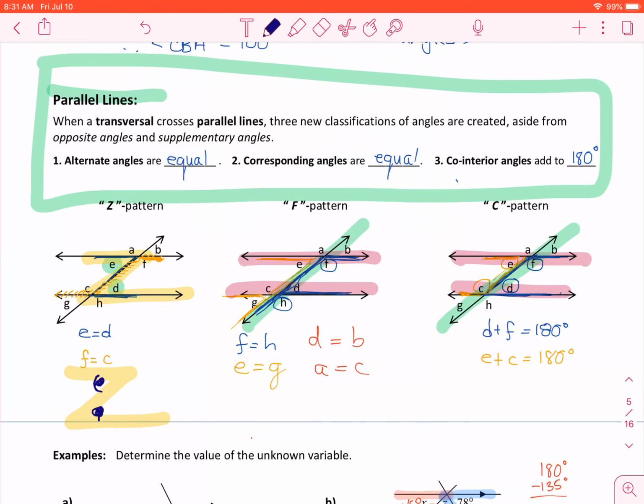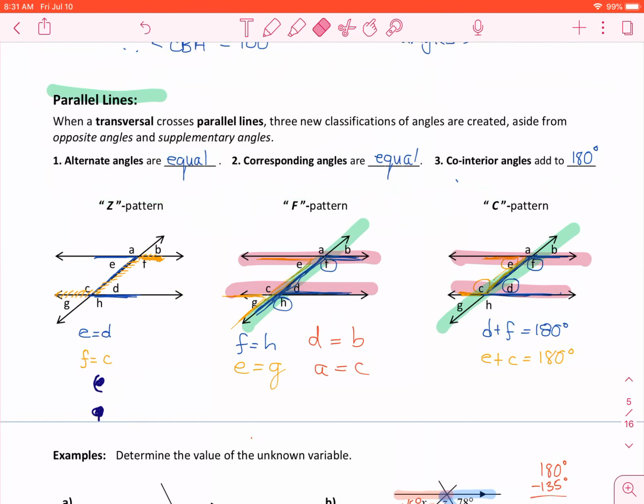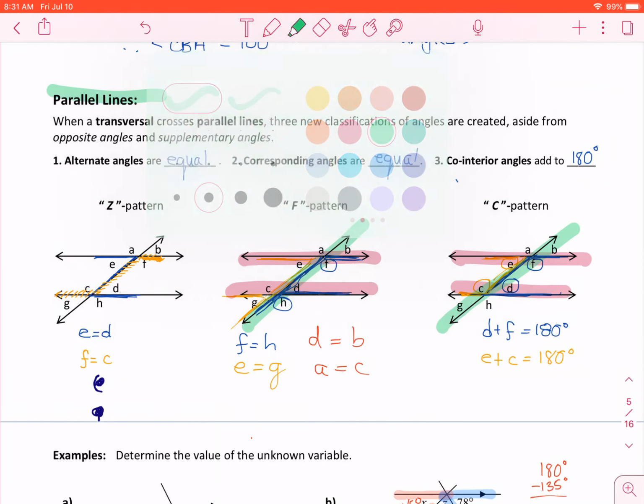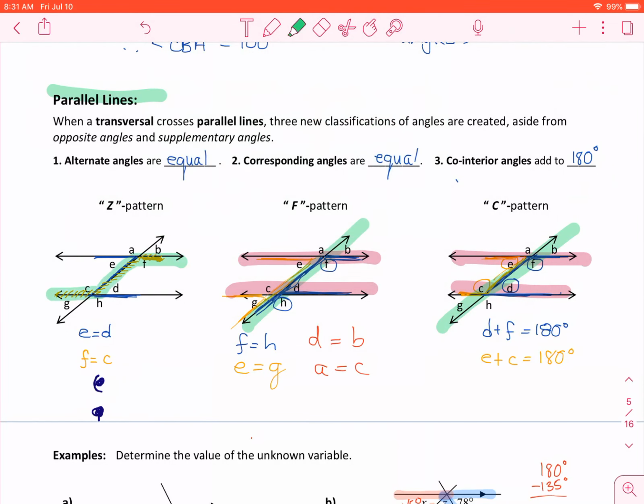Now, Z's can also work backwards. So for instance, I can go this way. Backwards Z. Here we go. Then these angles will also be equal, as you can see in your diagram.